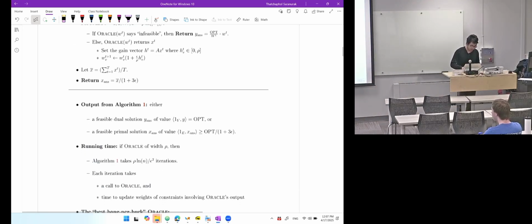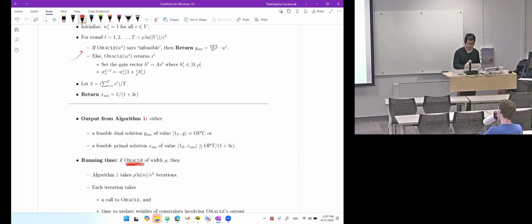The running time of this algorithm is basically dictated by the oracle, because it really just keeps calling the oracle several times. And if the oracle has width rho, by rho here I mean that when you multiply xt by A, A xt is at most rho times 1.